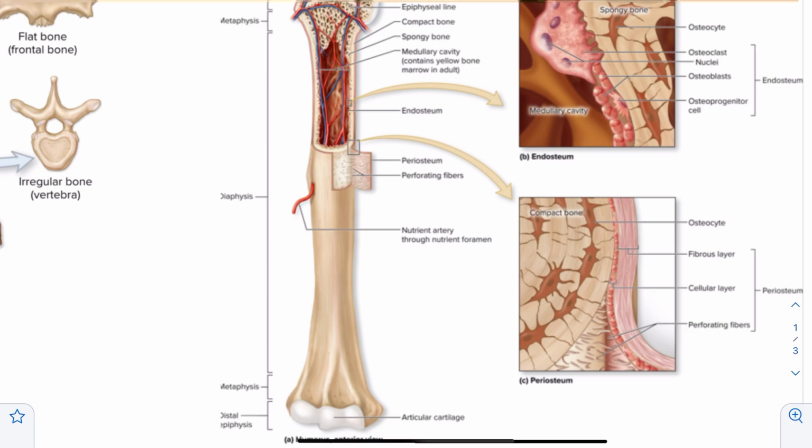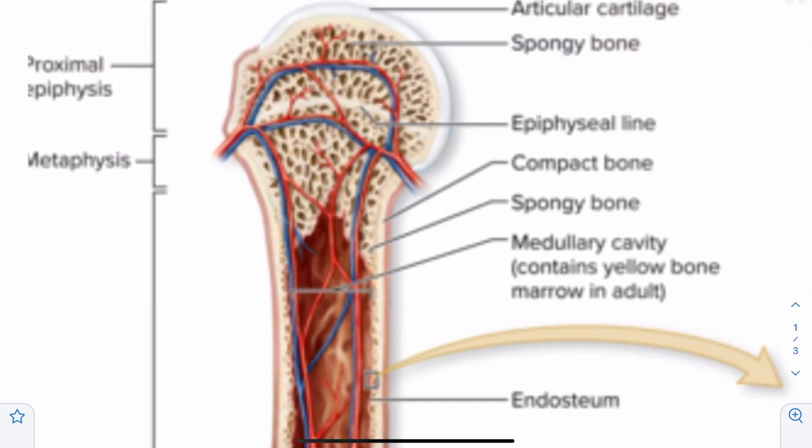The epiphyses are made of what's called spongy or cancellous bone. So we can see the anatomy of that up closer if we zoom in, and this is the one that actually looks like a sponge. So hopefully that name also makes sense. The little pieces of bone that are woven through there are called trabeculae.